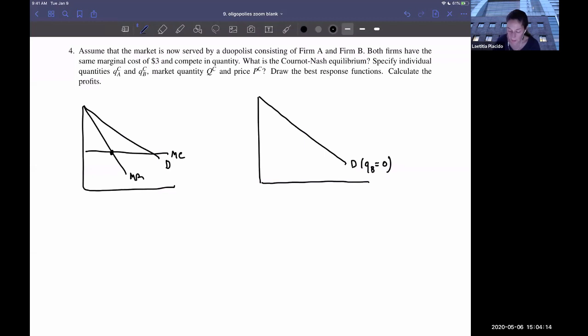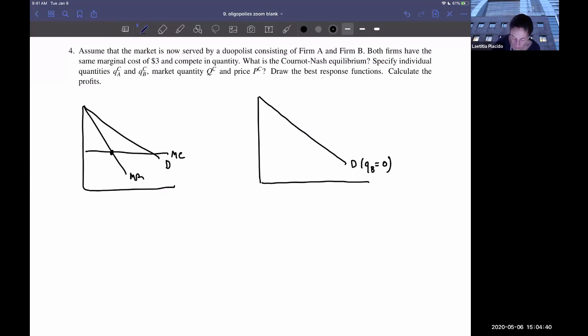So when firm B doesn't produce anything, then what I'm facing as firm A is simply the total market demand. Now let's say that firm B is producing some quantity QB. Then what am I facing?